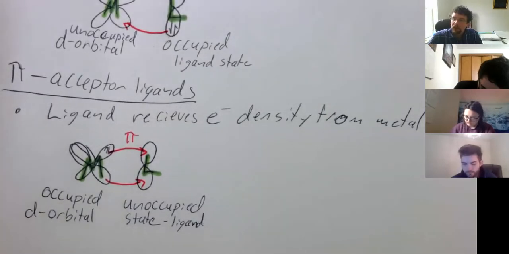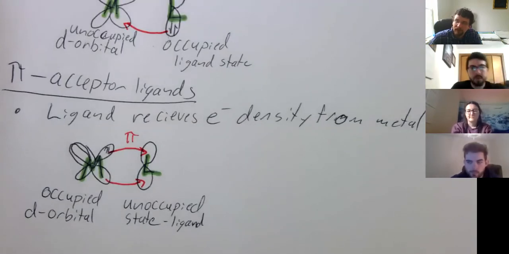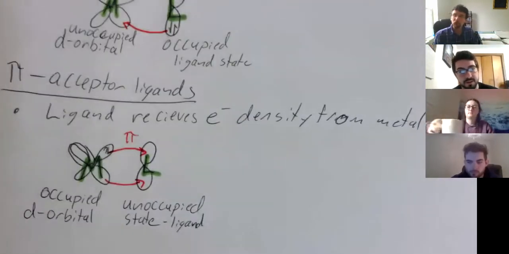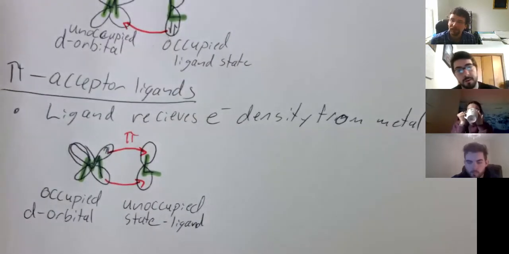Now, you guys have actually already looked at these types of interactions. Did you ever discuss it this way when you talked about activating and deactivating groups in organic chemistry? We talked about those when it came to aromatic chemistry, and we would look at phenol rings and which groups were activators and deactivators. Right, but you probably never described it this way.